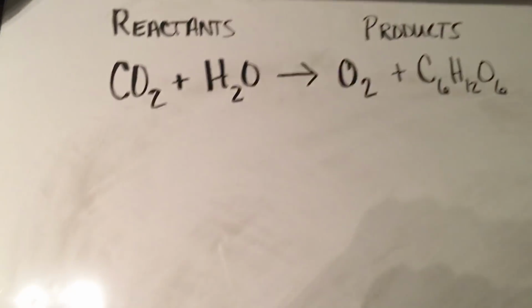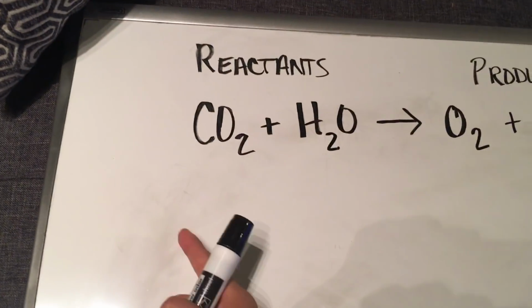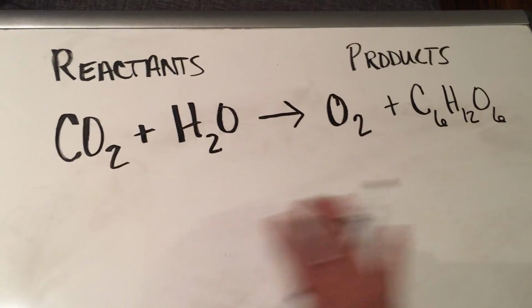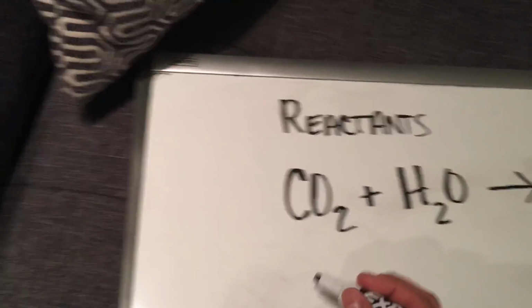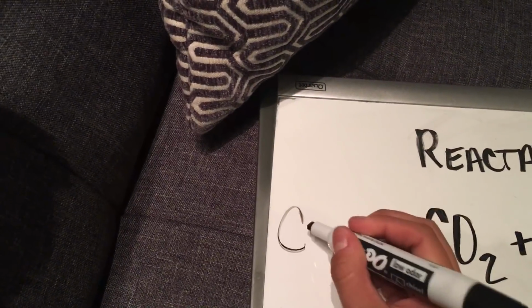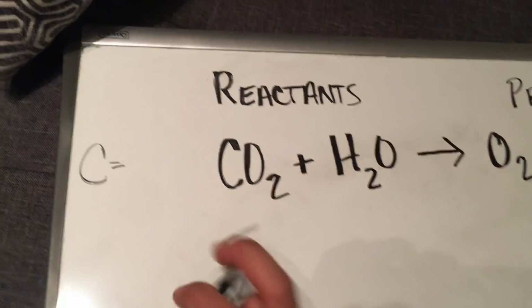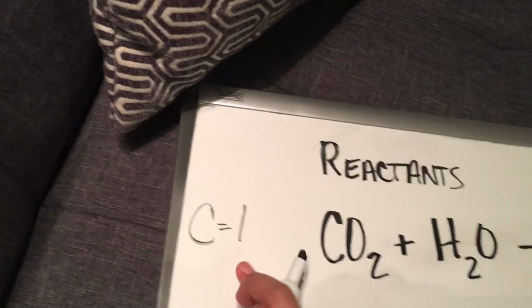So right now, what we're seeing, and I'd prefer that you write this on the side, this is the reactant side, this is the product side, because they're going to be equal. For the reactant side, I see that carbon has one. I have one carbon atom.